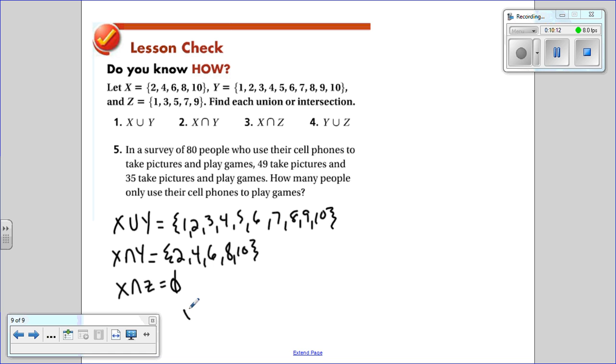And then finally, the union of Y and Z. So these are all the things that are in Y or Z. And again, since Y is 1 through 10, and Z doesn't have anything that's not 1 through 10, it's just going to end up being these numbers.